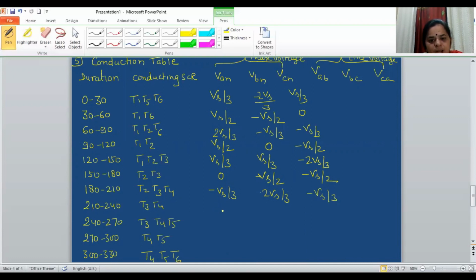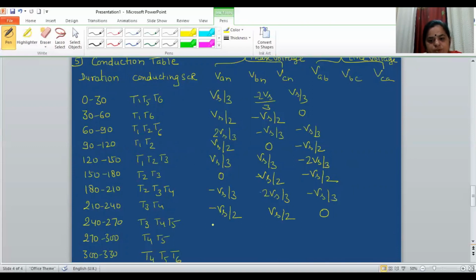When 3, 4 are conducting, I am going to get minus Vs by 2 here, Vs by 2 here, and here it is 0.